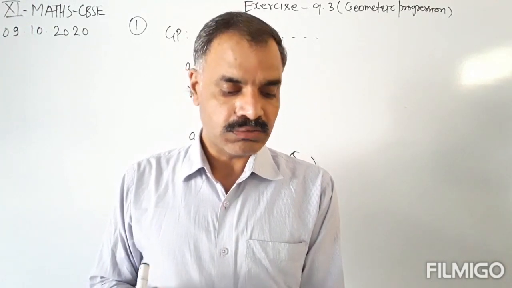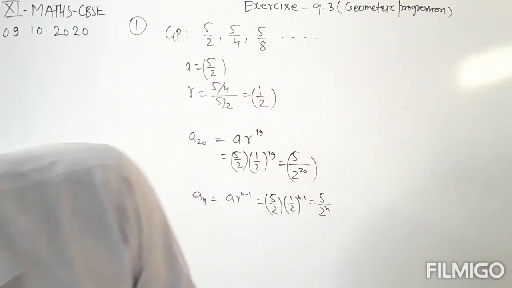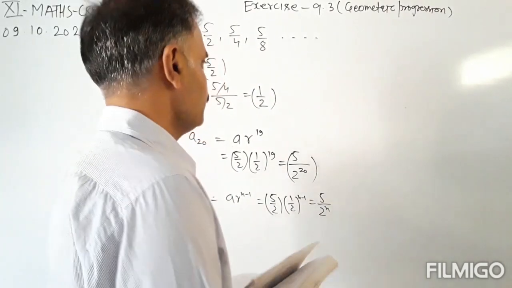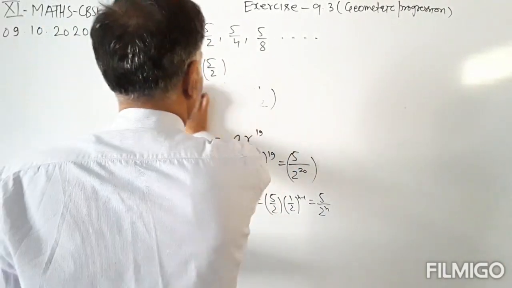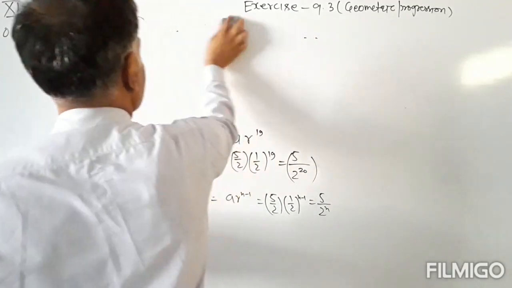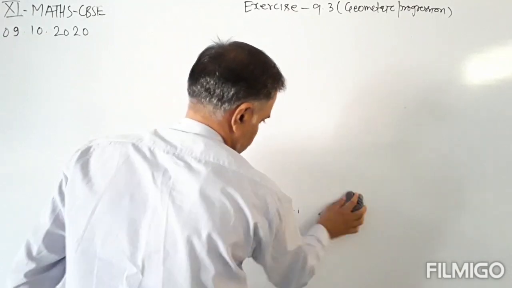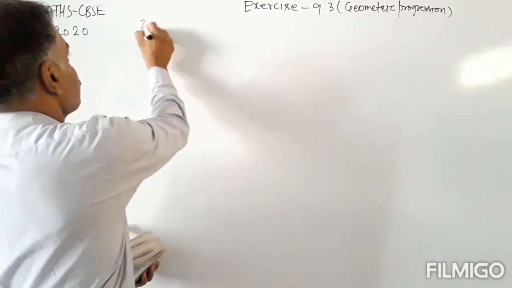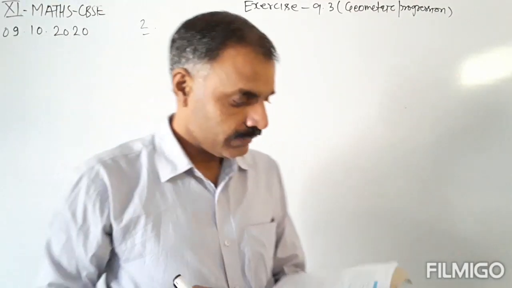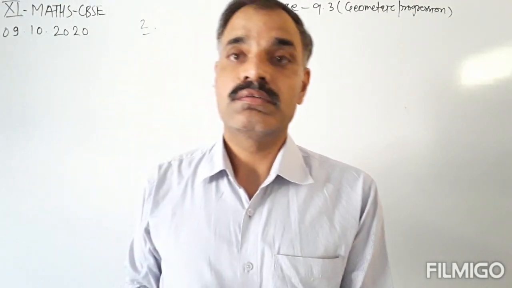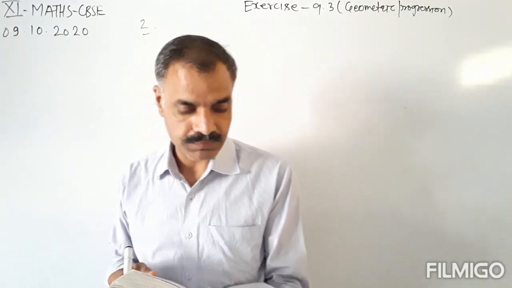Now we will solve question number 2. The second question of exercise 9.3: find the 12th term of the GP.